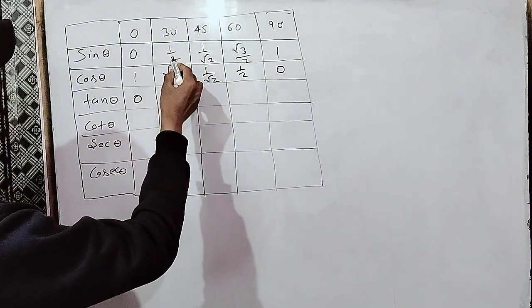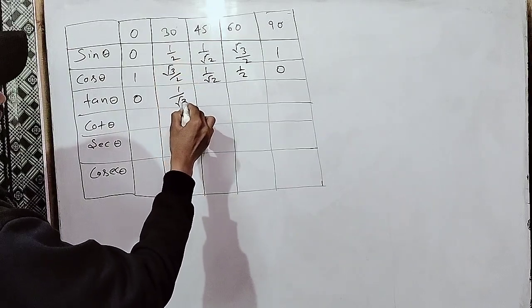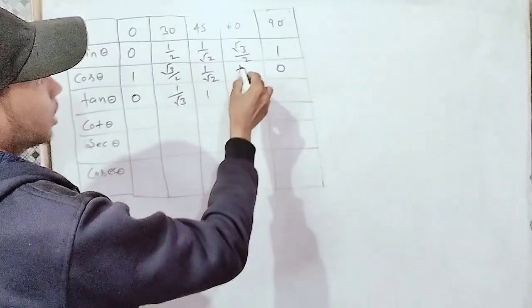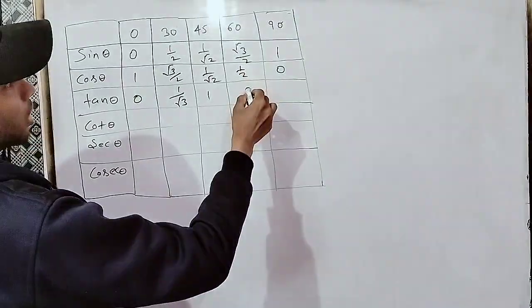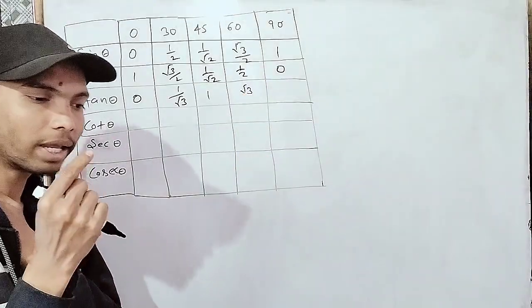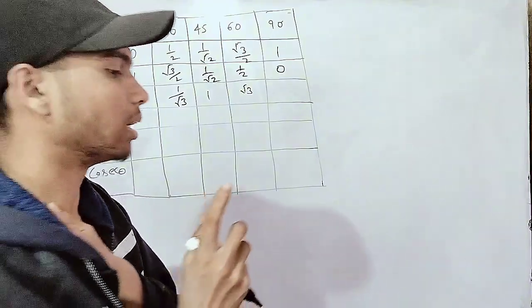Now 2 will get cancelled out, we have 1 by root 3. Then root 2 will get cancelled out, now we have 1. Then 2 will get cancelled out, and then root 3. And here we are dividing a number by 0, that's why we get infinite.